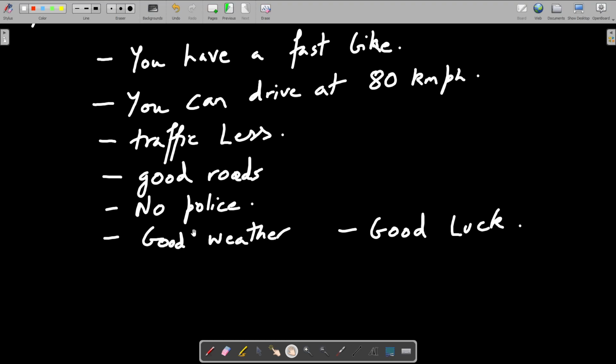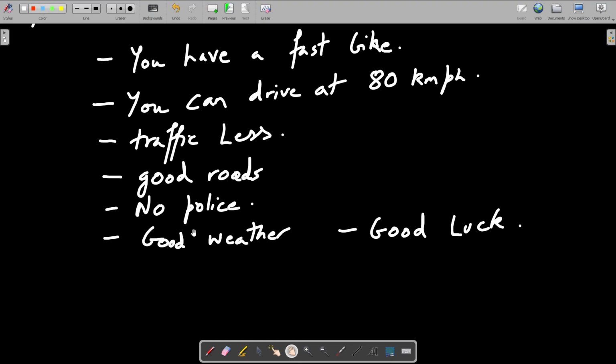So it has to reach Bombay in say 9 or 10 hours. If it leaves at 2 o'clock, it has to reach by 11 o'clock, say.